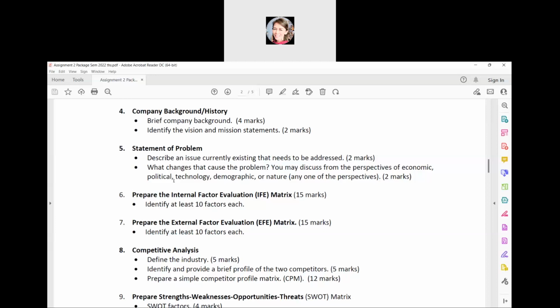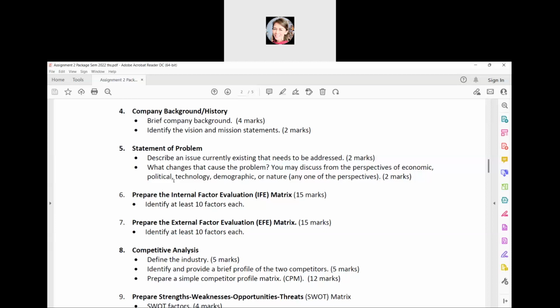Yeah, so you identify 10 factors, 10 critical success factors for the organization, and identify 10 factors for the external matrix. All right. So again, like I said, I mentioned about integration of intuition and analysis, right?